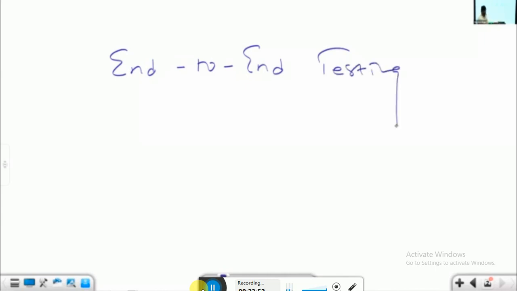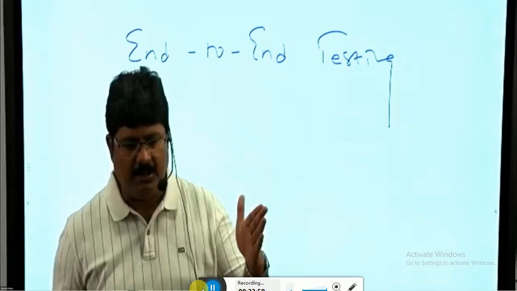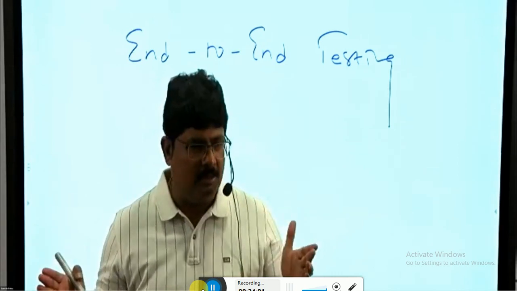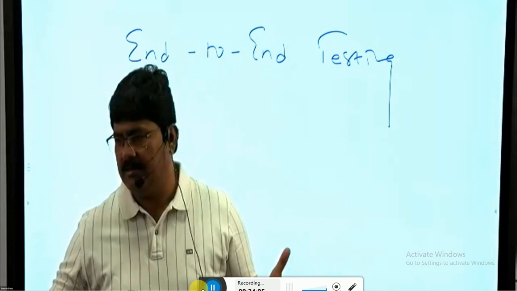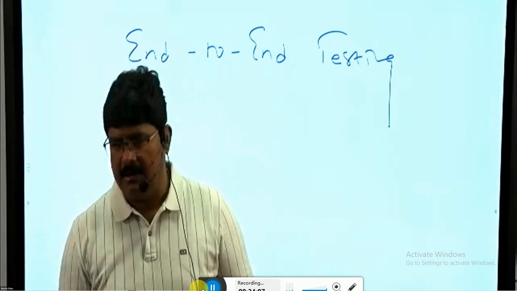What is this end-to-end testing? The name itself is very clear. End to end means from one end, the beginning, to the other end, the end. Tell me, application level.